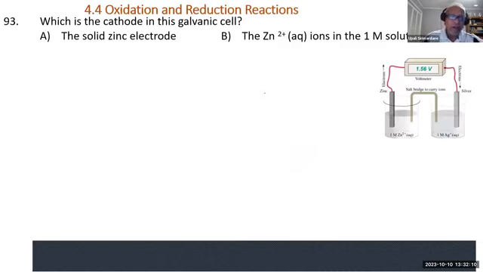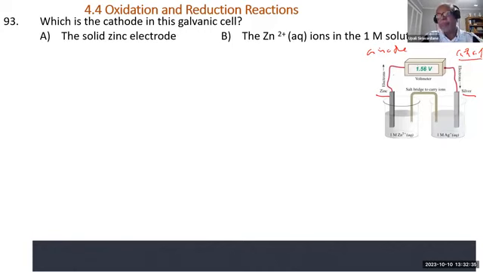So if you have a galvanic cell created between silver and zinc, that's the anode. Anode is written on the left side. Cathode is written on the right. At the anode oxidation takes place, at the cathode reduction takes place.